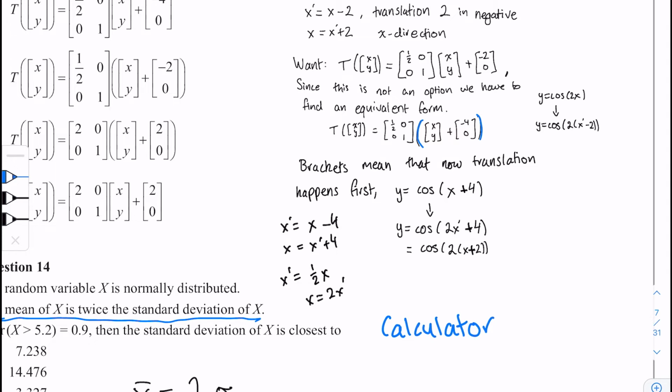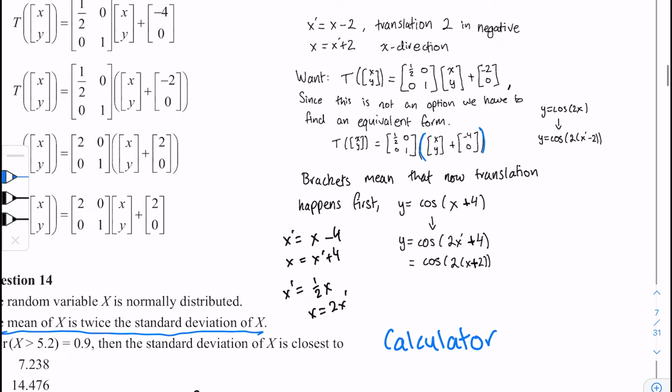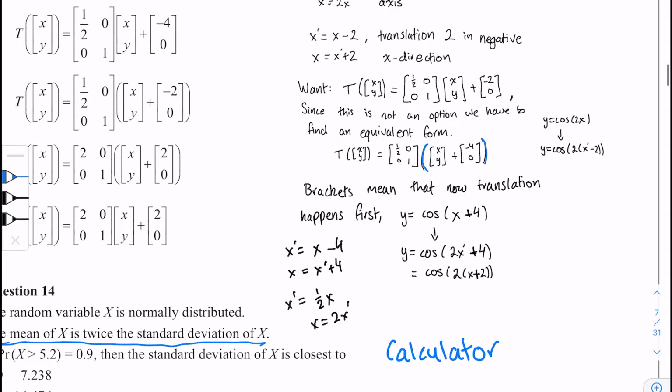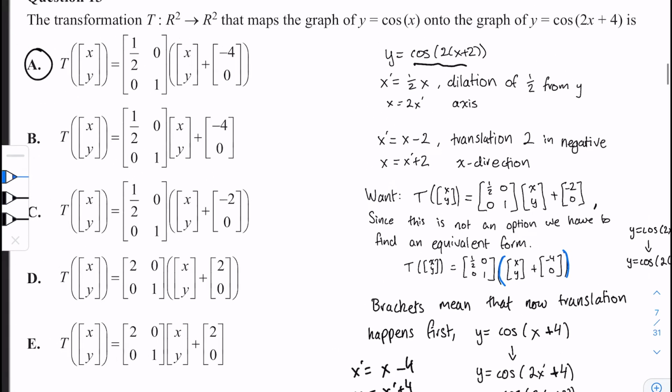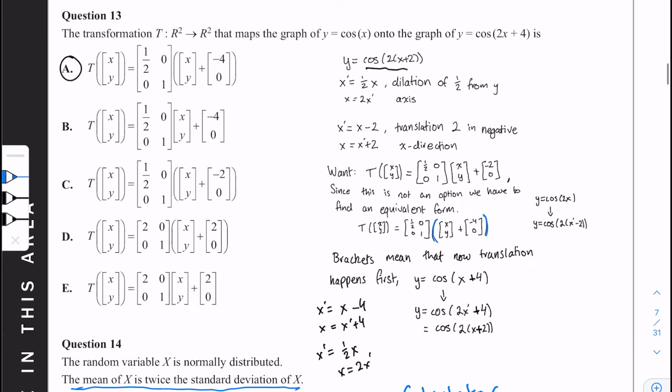And then we do translation first. So we get the x dash plus 4, and then we get 2x dash. And then we factor out, and then we get the form we want, so we know the answer is A.